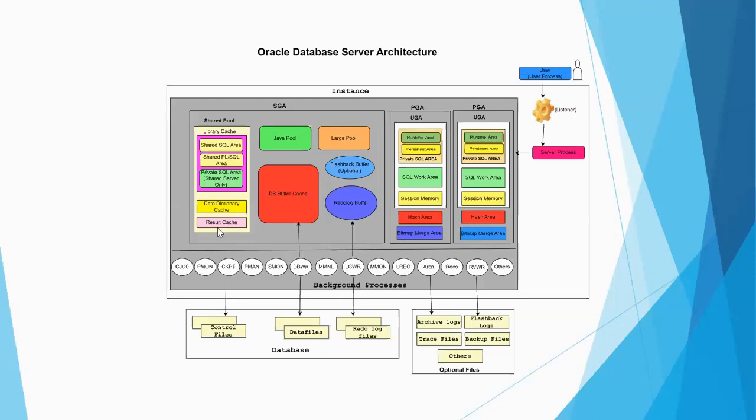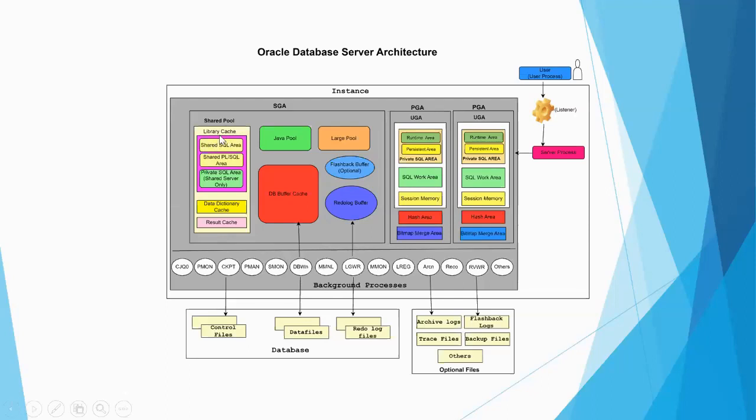Now, one more thing that we should understand while we are discussing this important component called the library cache is that it is not going to be possible to store the SQL ID and execution plan for all the queries in the database forever. You are not going to have an infinite amount of memory for the shared pool.